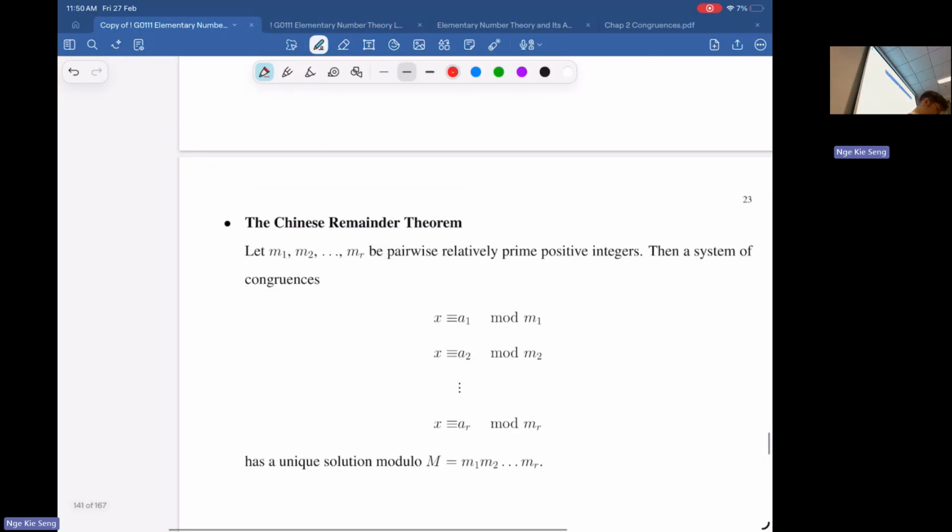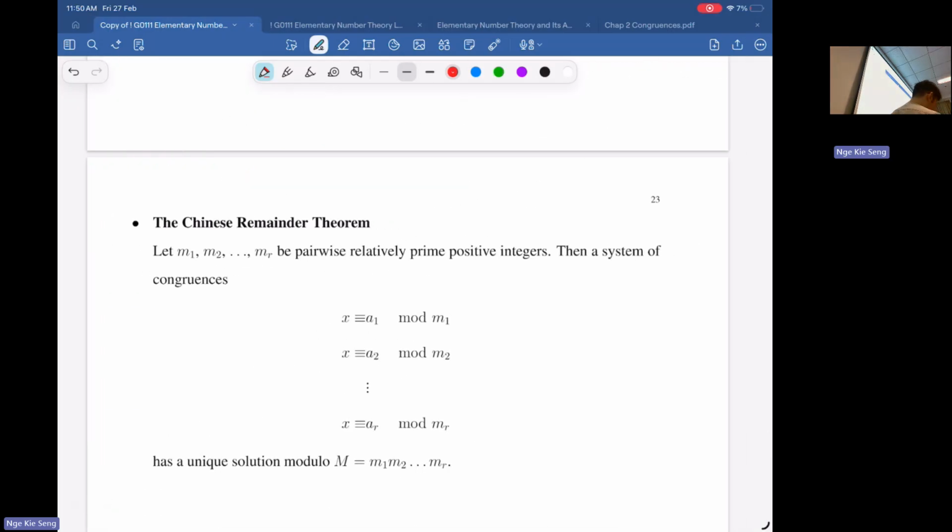Basically, you solve a system of congruences. In linear algebra, you solve a system of linear equations; in number theory, we solve a system of congruences. Once you know a number satisfies several linear congruences, then you can find what this solution is. And this solution is unique up to some modulus, meaning it is determined by its remainder modulo this number.